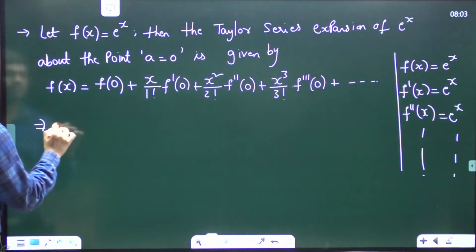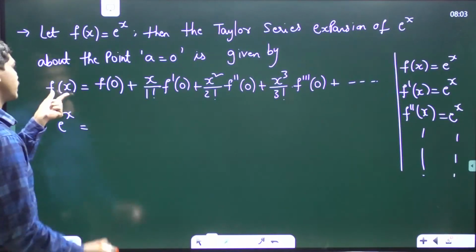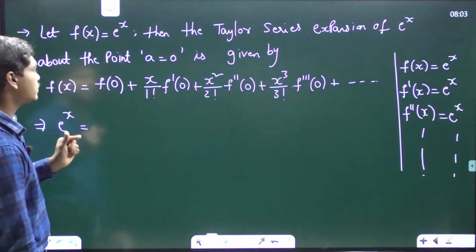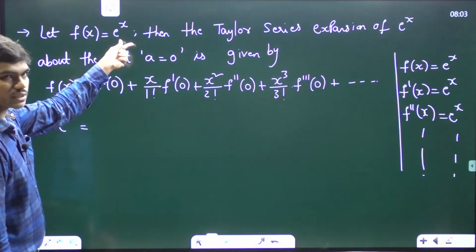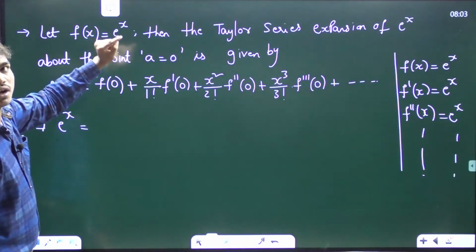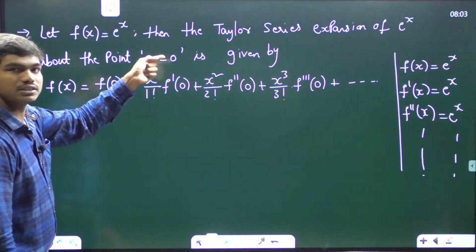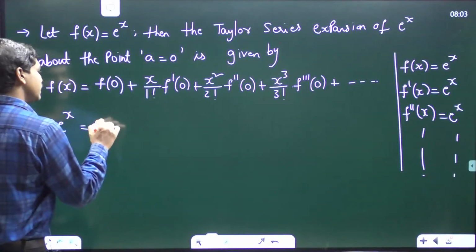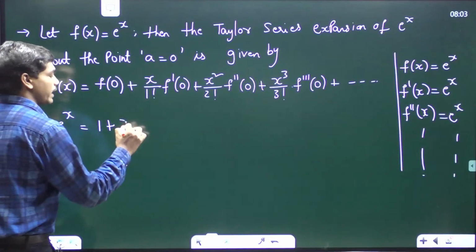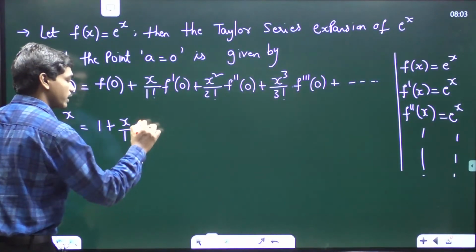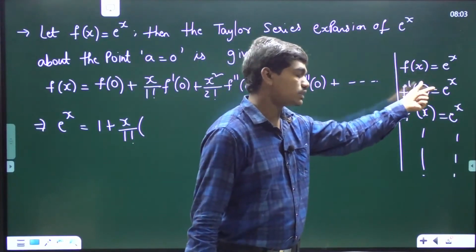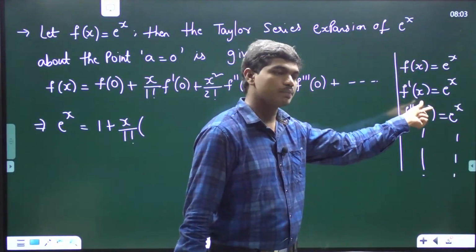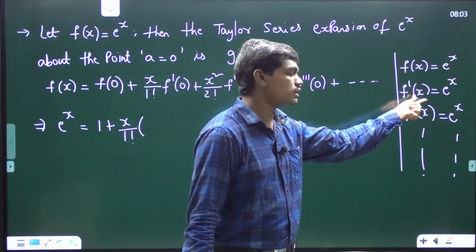So this implies e power x is equal to, because our function that we are taking is e power x initially here, so e power x is equal to f of 0. If you put x is equal to 0 in this particular place, we have e power 0. And what's the value of e power 0? Since e is a non-zero constant, you have it is 1 plus x by 1 factorial into, now what is f dash of x? F of x is e power x, so which means f dash of x is also e power x, which means f dash of 0 is again 1.